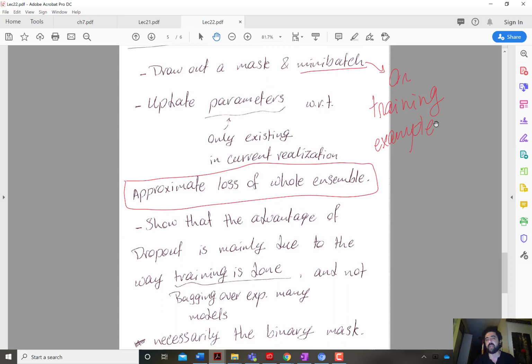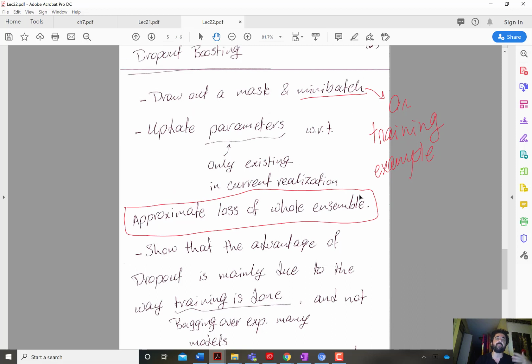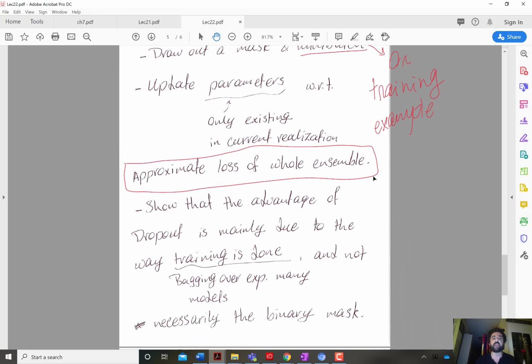So I draw a mask for every training example. Sometimes in some variants of Dropout, you draw it for every mini batch instead of a training example. But the difference in Dropout boosting is that you update the parameters with respect to the approximate loss of the whole ensemble. So every time I'm training a realization, I'm taking into account the loss of the whole ensemble.